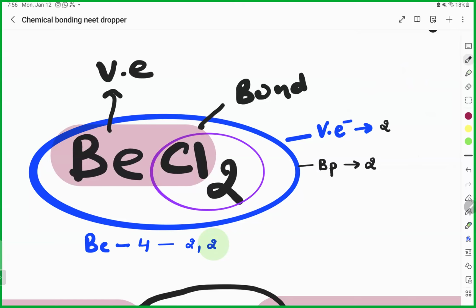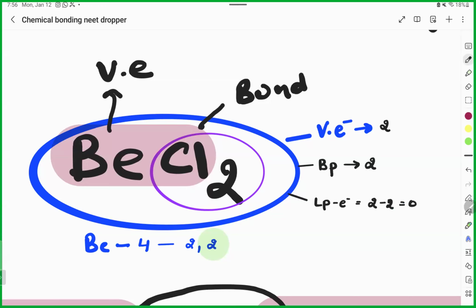Now, you know that you want to calculate number of lone pairs. How to calculate number of lone pair electrons? The simplest way is total number of valence electrons is 2. Total number of bond pairs is 2. 2 minus 2, 0.